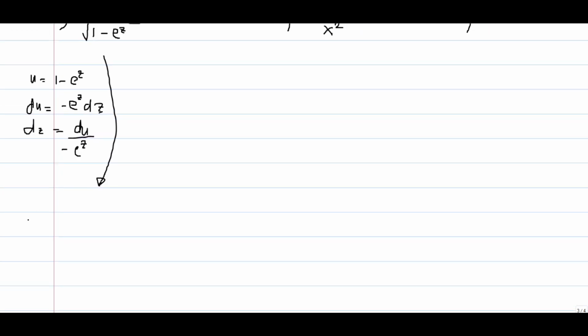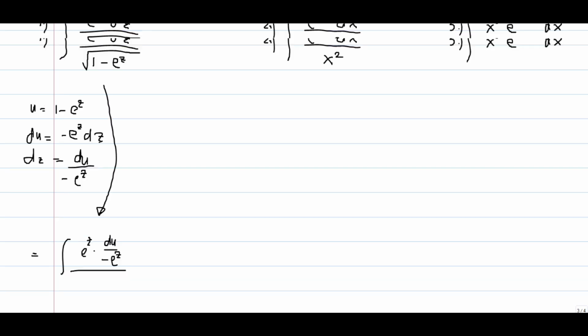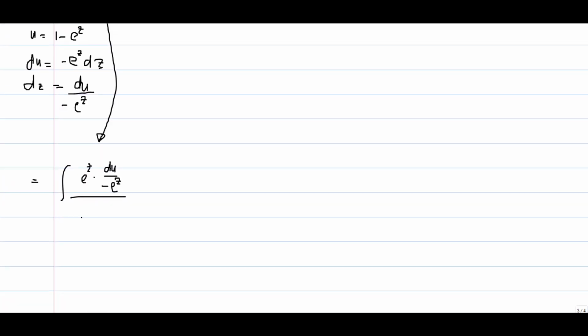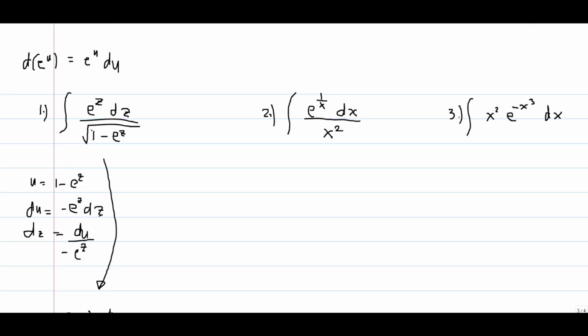So that is equal to the integral of e to the power z times dz, which is equal to du over negative e to the power z, over the square root of, so I can change this 1 minus e to the power z into u.